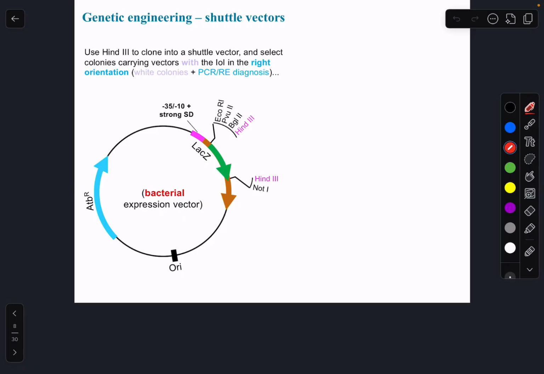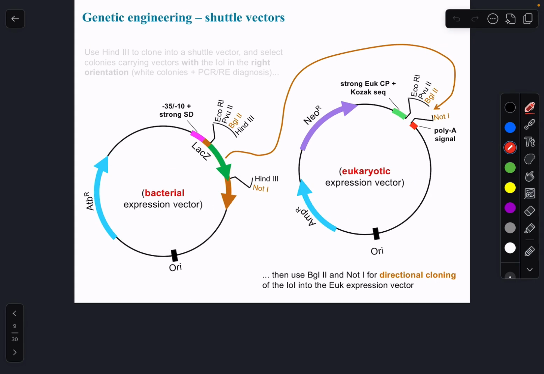But then what you do is you take that vector with the insert in the right orientation, and you use now two restriction enzymes to move it to your eukaryotic expression vector, knowing that because you're using two restriction enzymes, there's going to be directional cloning and you can't get it wrong.